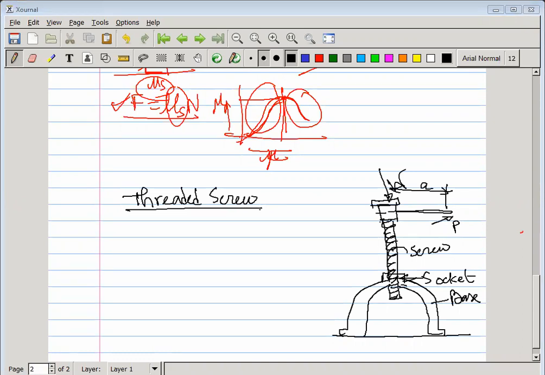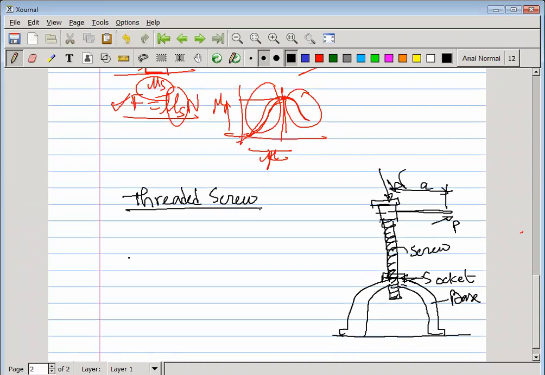Now imagine that the socket portion in the base has a spiral wrap, and think of one revolution of the thread block in the spiral. What does that mean, one revolution?